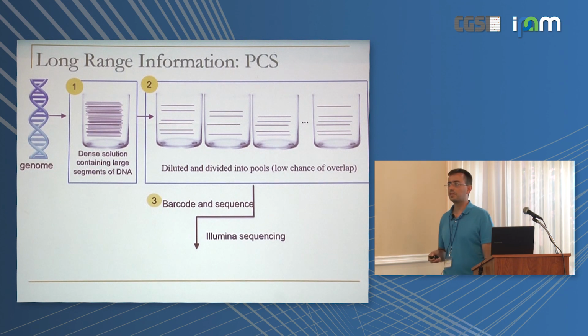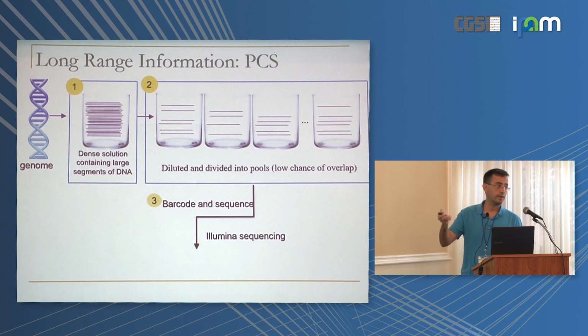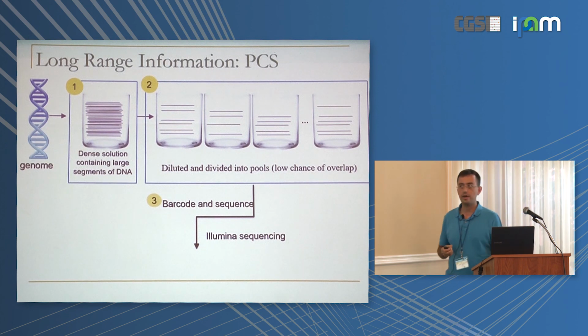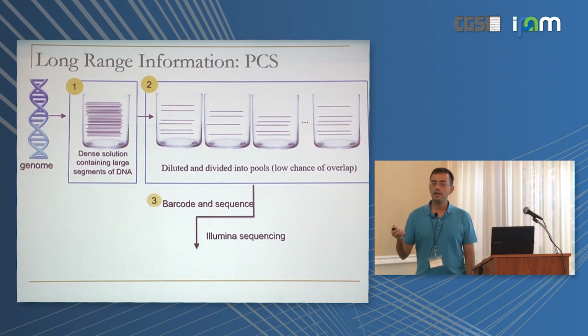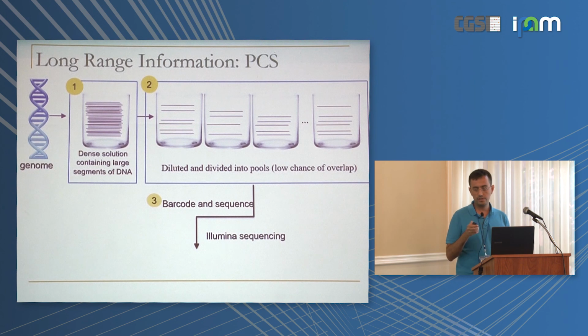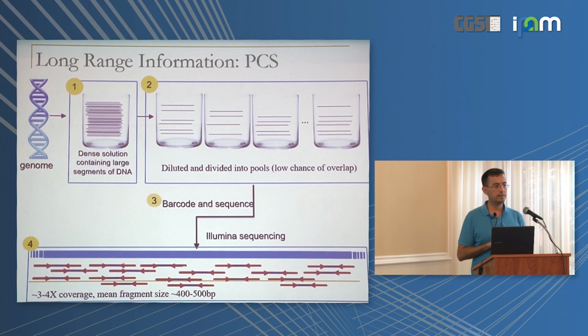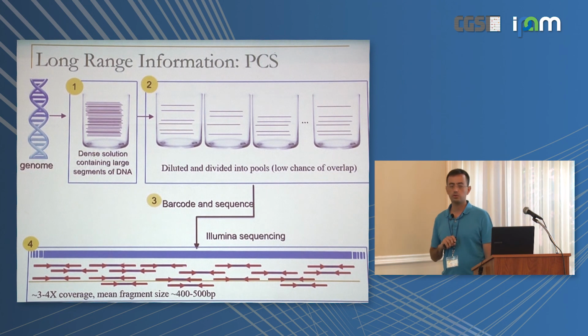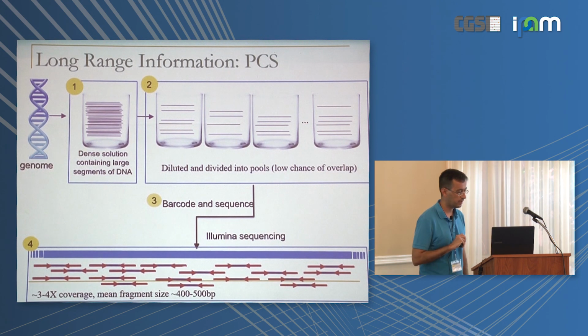So there is a very, very low chance of overlap within a pool. Then we barcode those pools, apply Illumina sequencing, and generate data, and we can assign every read to a pool. Each pool is going to include about 300 or so BAC molecules.